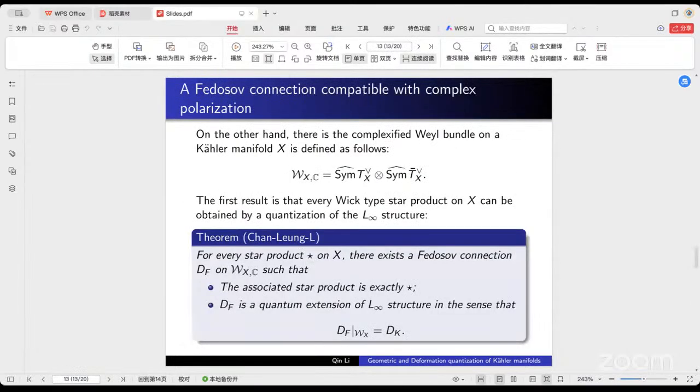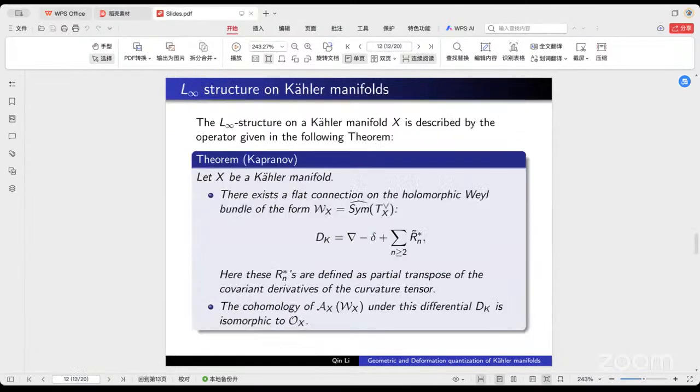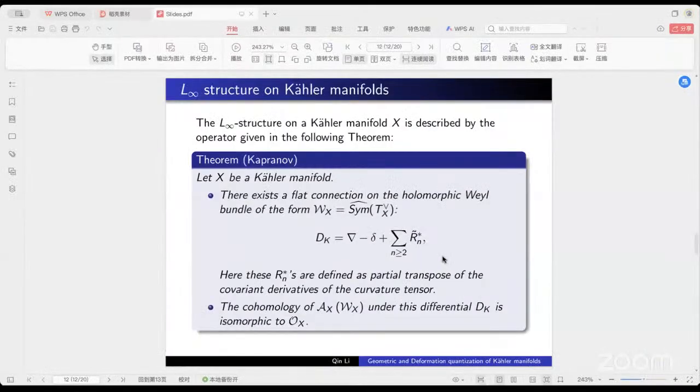The reason you have one loop exact is because, in this picture, in this dk, and actually we quantize it to df, you only see those sections of the complete symmetric product of cotangent bundles.